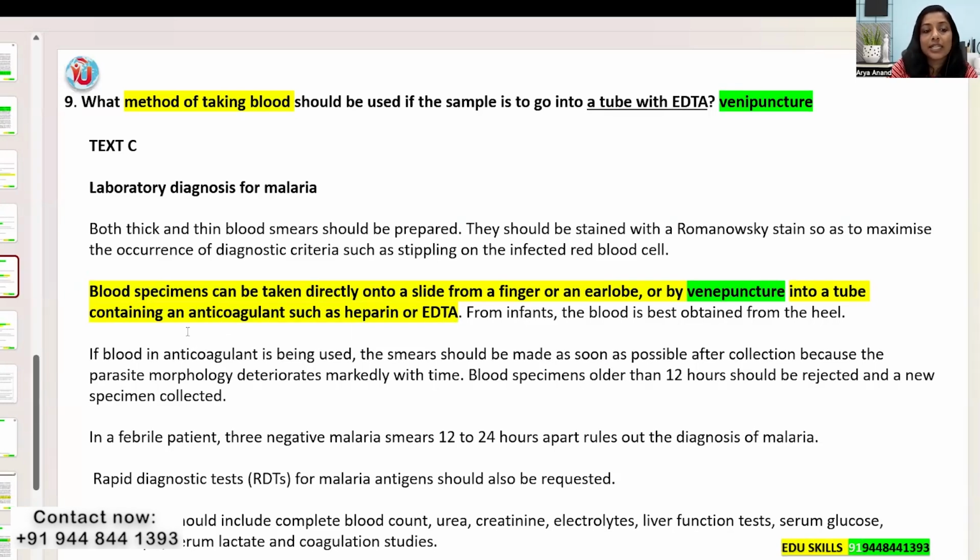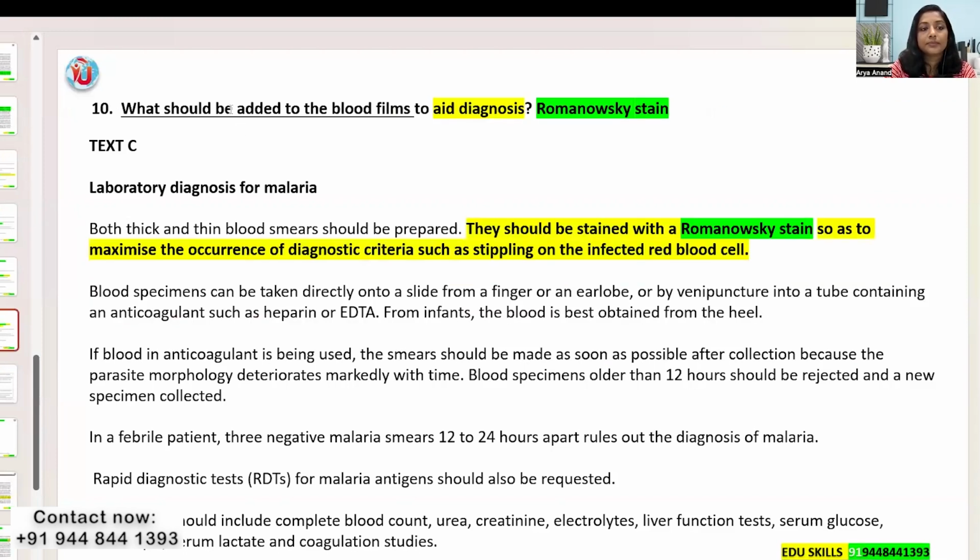They have not mentioned an anticoagulant here. They directly said a tube containing EDTA. If the tube is EDTA, then the method is venipuncture. Hope it is understood. We'll move to the next question.